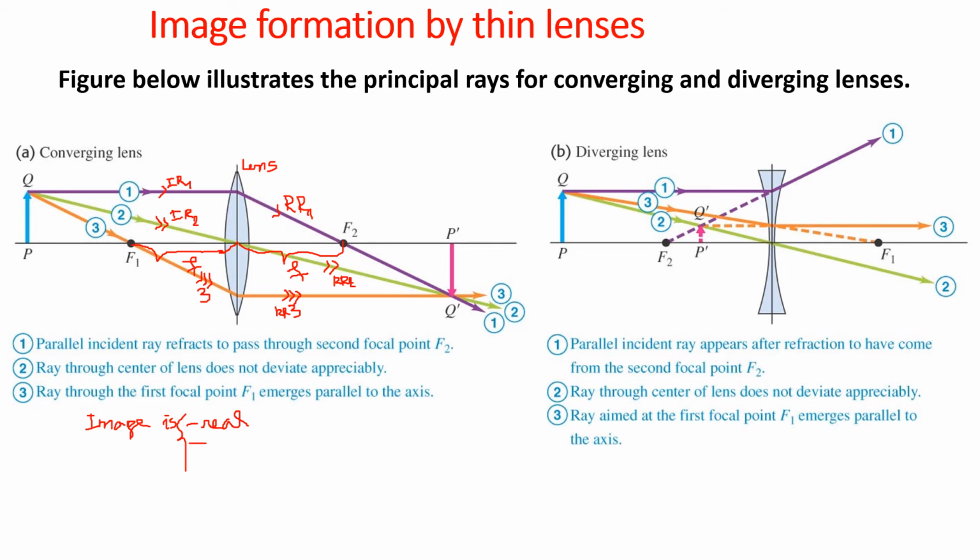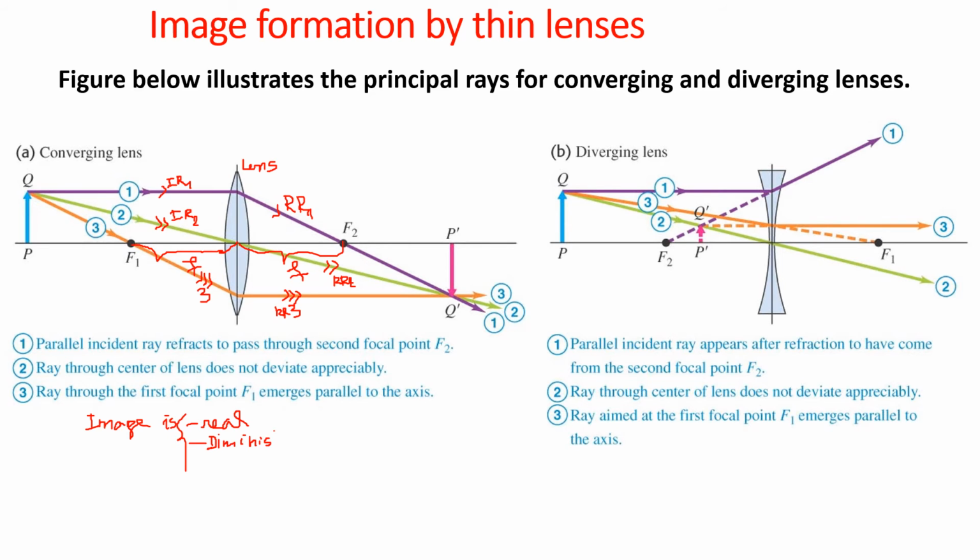And the second, the image here is diminished. Diminished means smaller than the object. If you look at the size of the object and the size of the image, you will see that this image has a smaller size than the object.